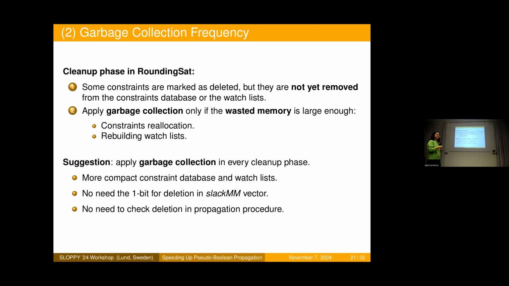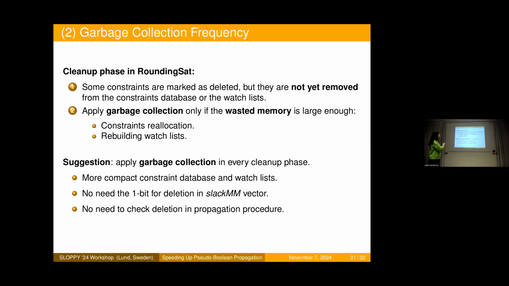So the next step is to revisit the garbage collection frequency. We know that from time to time, some PB solvers have to remove some useless constraints from the database. In RoundingSat, these constraints are not removed immediately, but only when the wasted memory is large enough, then we apply the garbage collection.